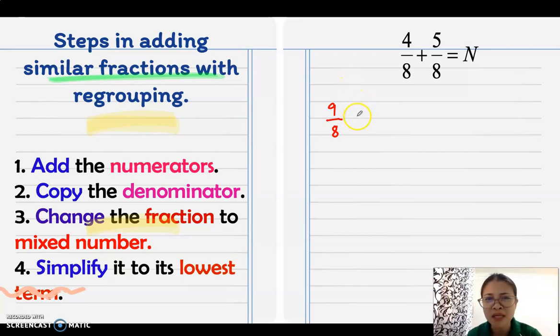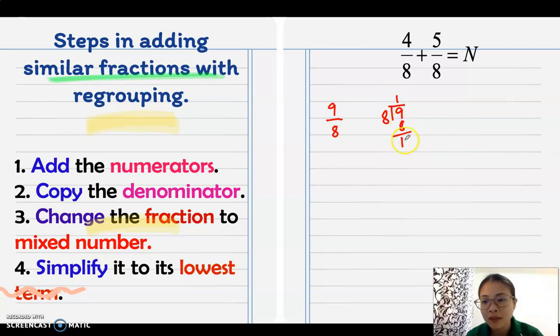If it's an improper fraction, you change it into a mixed number. How do we change this improper fraction to a mixed number? All you have to do is divide. So 9 divided by 8. The numerator is the dividend and the denominator is the divisor. 9 divided by 8 is 1. 1 times 8 is 8.